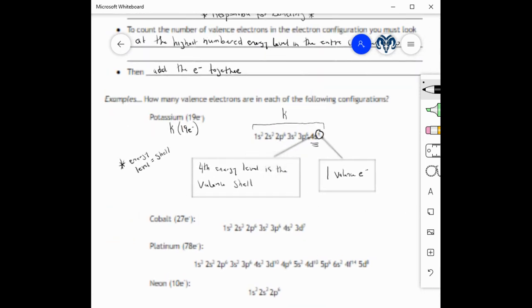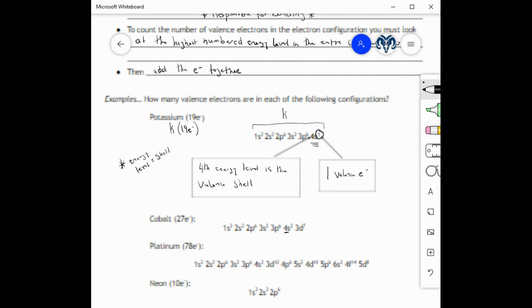We've got cobalt. For cobalt, you've got to be careful with this one. For this one, the highest energy is the 4s. It's before the 3d7.